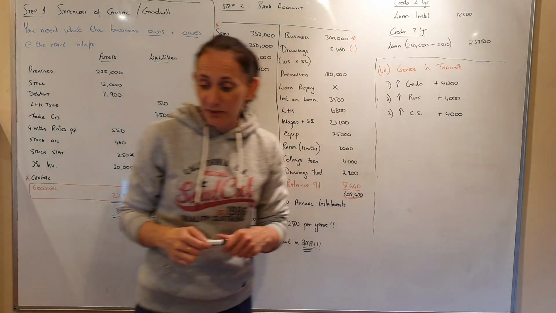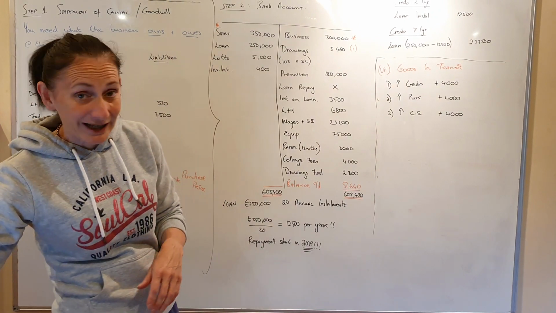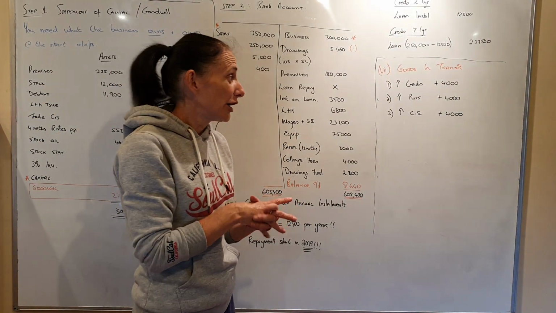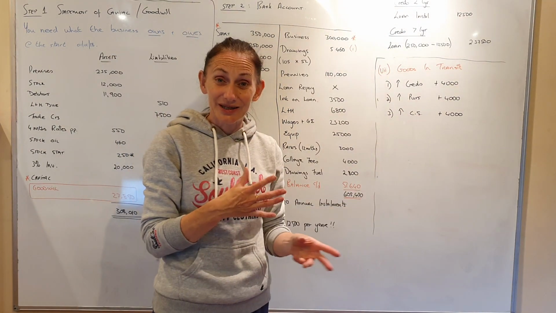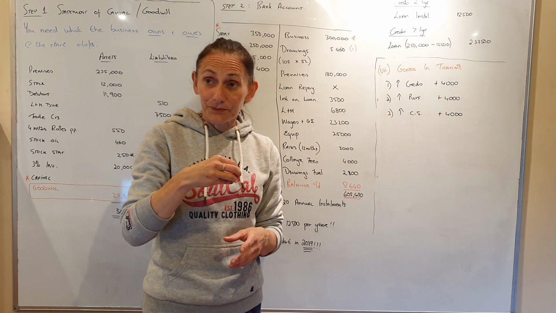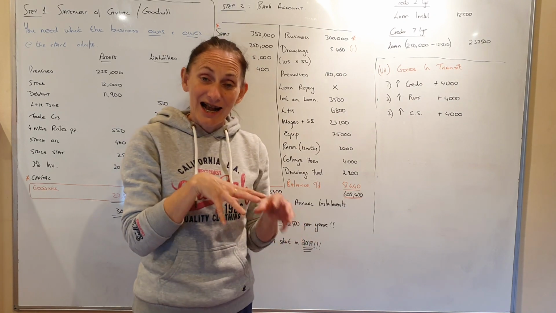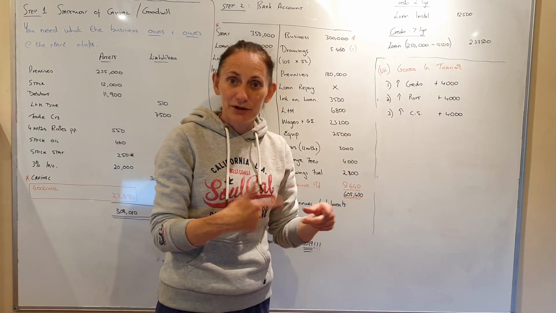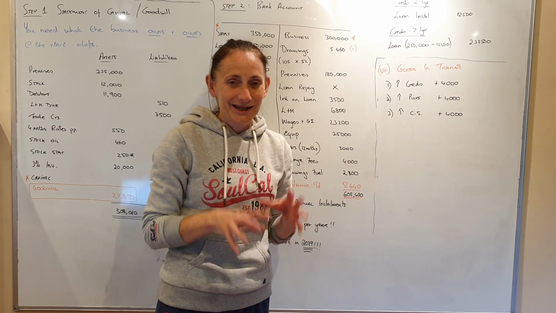Now, you might be saying, how am I going to add on 4,000 to my purchases in this question? Because I'm working backwards in my trading profit and loss account. You actually don't really have to worry about your purchases, the 4,000. Once you put it into your creditors and into your closing stock, the 4,000 will automatically appear in your adjusted figure for your purchases. If that makes sense.